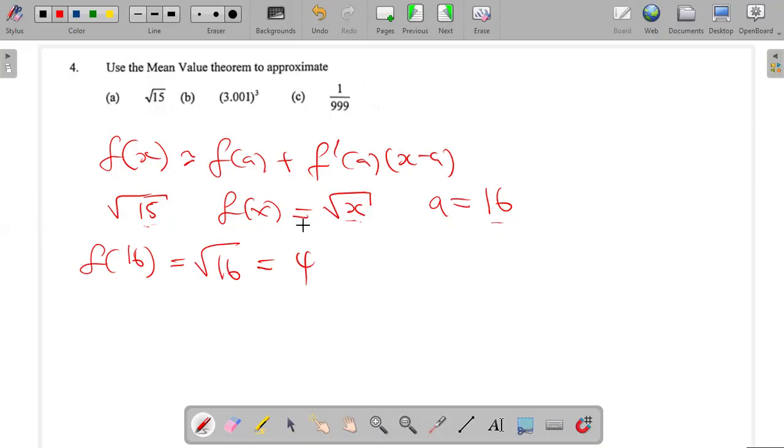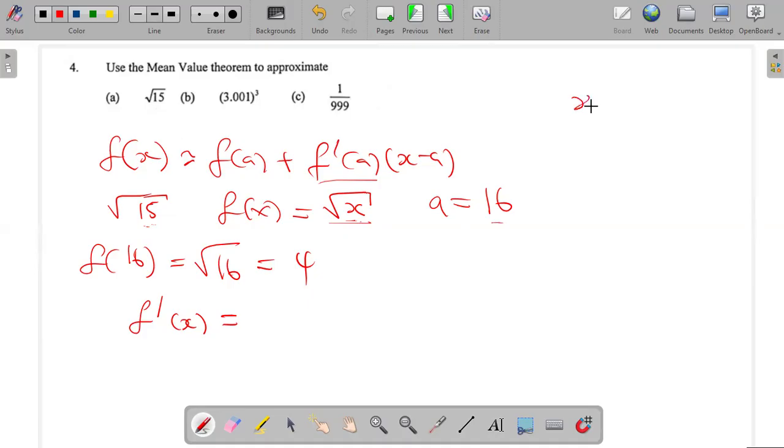Now, what else do I want to get here? What I want is f prime of a. So I'll say f prime of x first of all, then I'll replace the value of a there. When I differentiate this, what do I get?